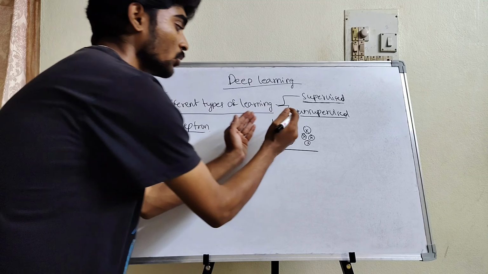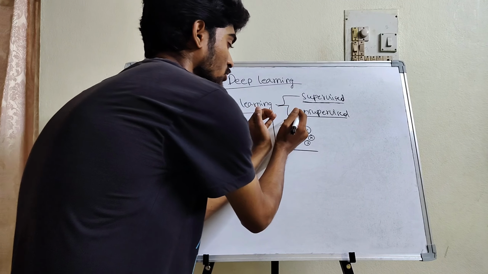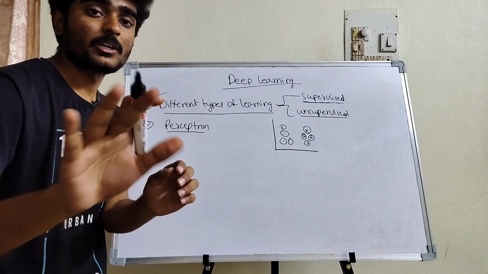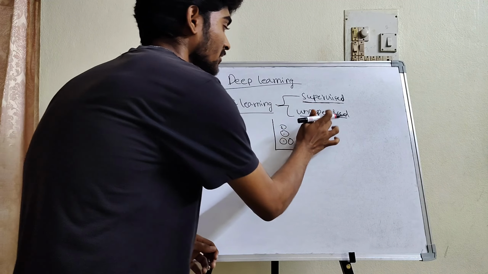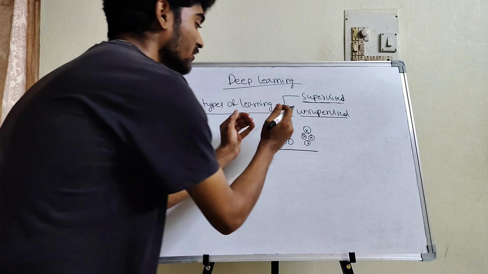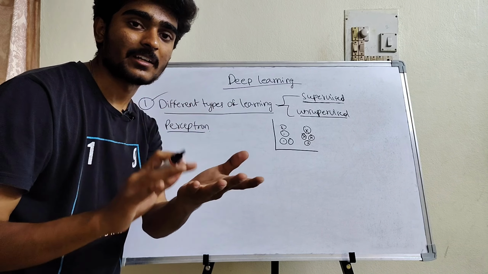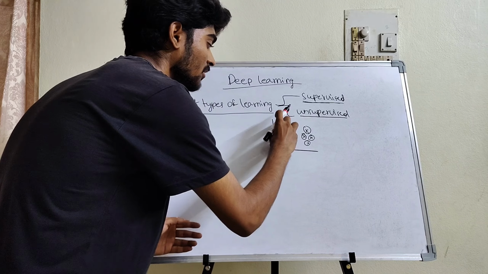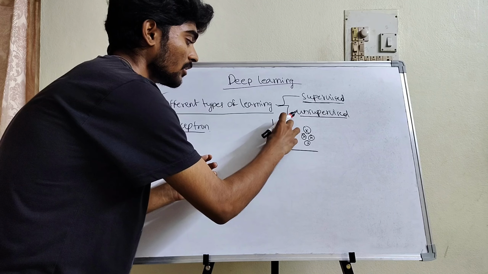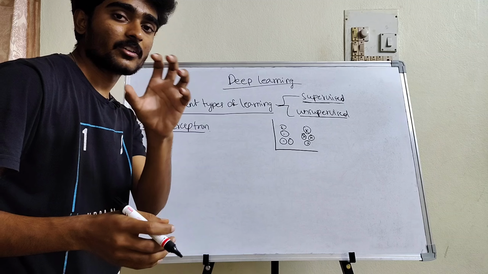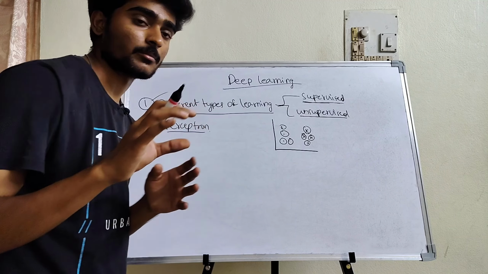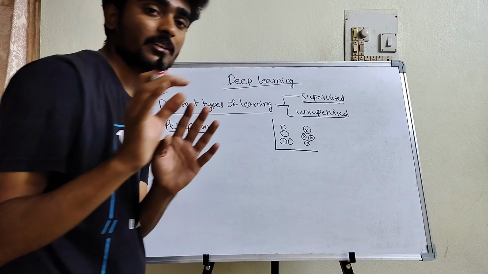So you have two regions here. One region belongs to one class, another region belongs to another class, but you don't have labels in unsupervised learning. It is able to understand the similarities in that dataset and plot the data, so one class is occupying some region and the other class is occupying another region.